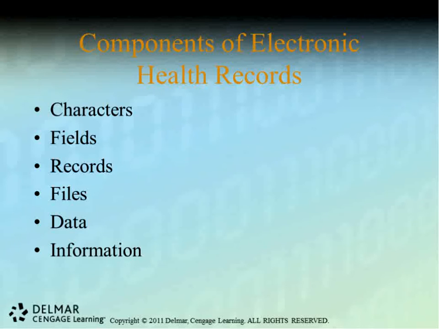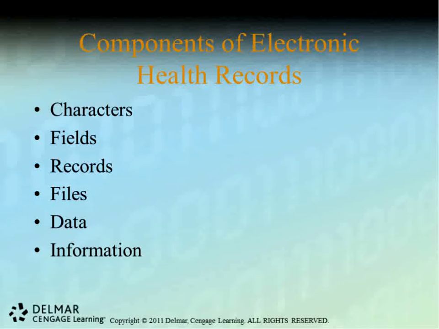And so when we're looking at that, data is pretty much organized in a hierarchy where your smallest piece of data, we call that a character. So a character is the smallest piece of data, like a letter, the letter A, right? Or a number, like the number 5.